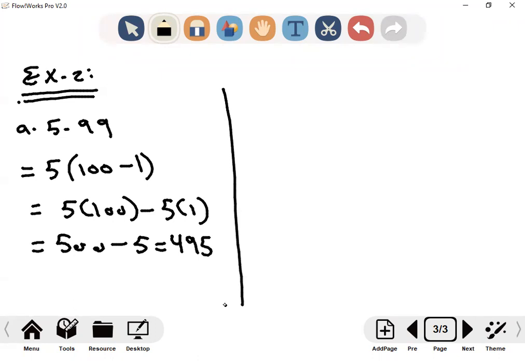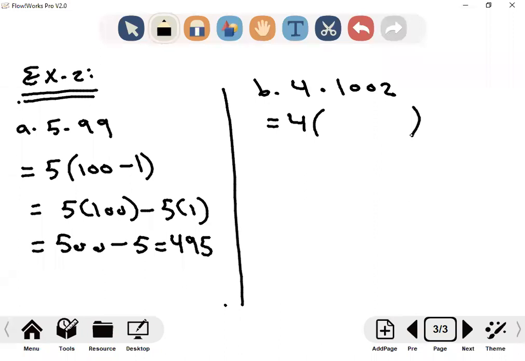Part B, we have 4 multiply 1002. Right? So here what can we say? I want 4 multiplied by two easy numbers. 1002, how can I write it? 1000 plus 2, yeah.